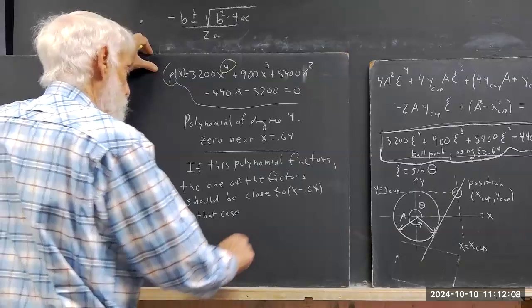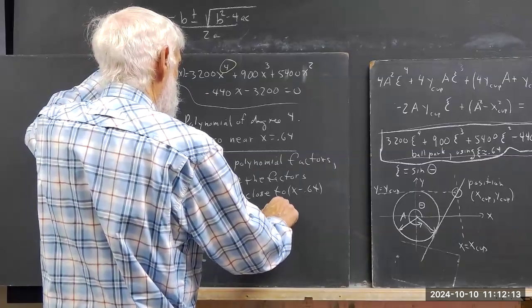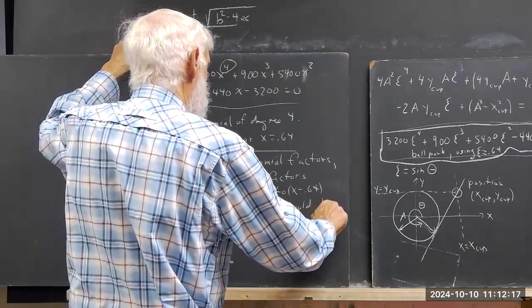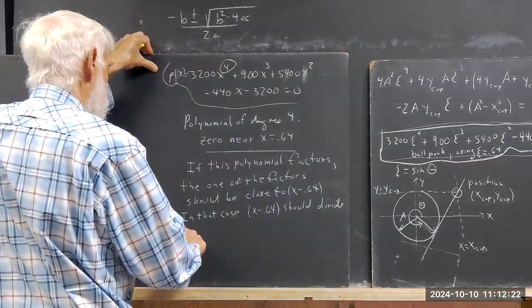Well, in that case, x minus 0.64 should divide the polynomial.